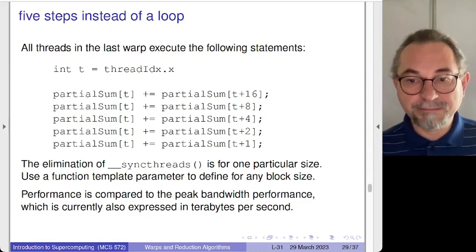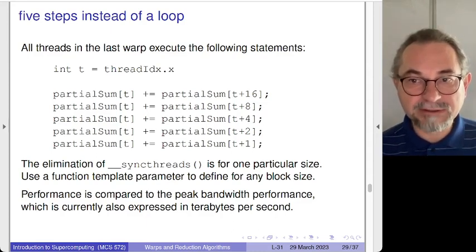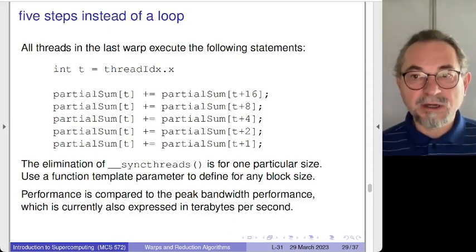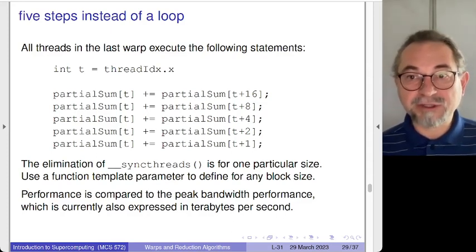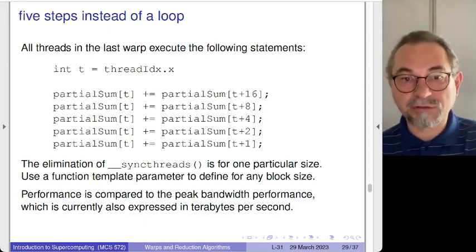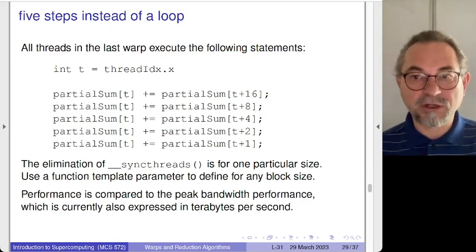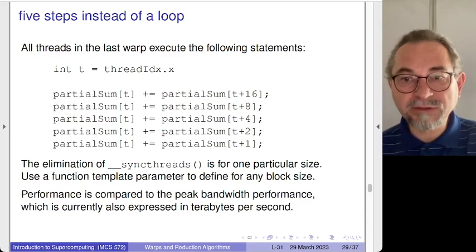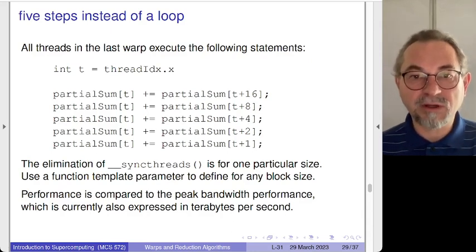This can be programmed in full generality, where we use C++ templating. In running this and measuring the performance, we now have 3 different kernels: the first organization, the second one, and then the loop unrolling of the last warp.